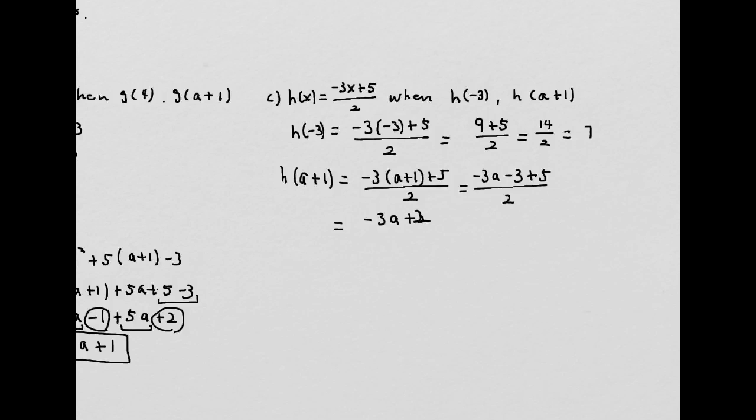So it will be 2, right? And I don't see anything else that I can simplify, so that will be the solution. Or if you want to put it into two different terms, you could do negative 3a over 2 plus 2 over 2, which is going to be 1. So either solution will be okay.